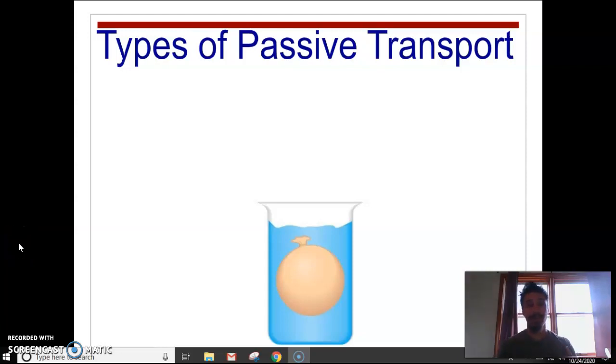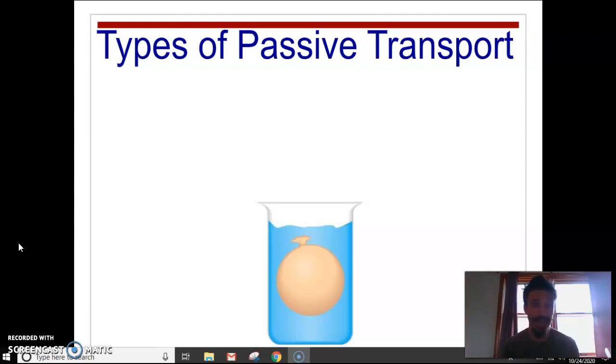All right, so going from that idea of a concentration gradient, where substrate or solute molecules in a solution will move from an area of high concentration to an area of low concentration in the absence of other forces, we call that being passively transported. Passive referring to no energy needed.